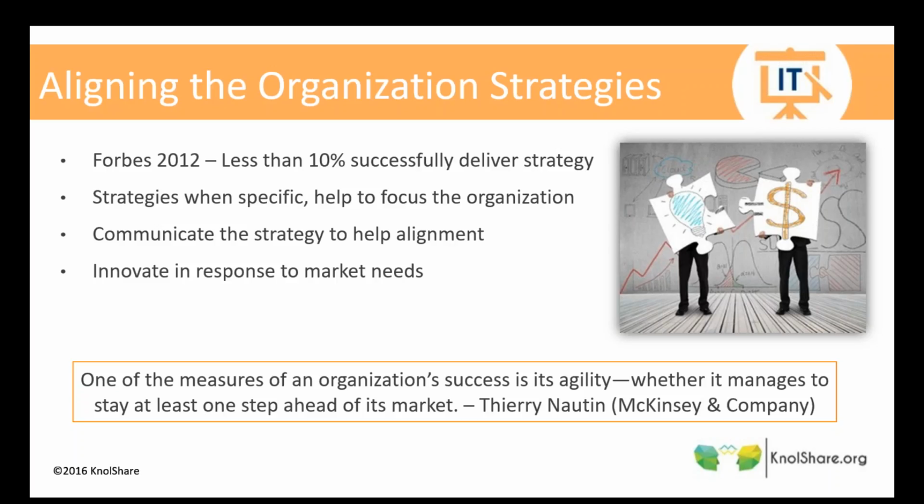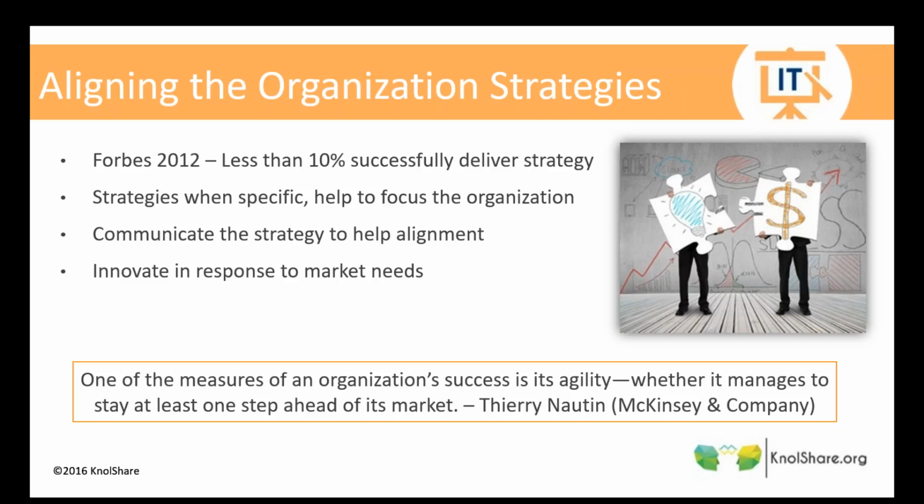Also, in terms of our strategy, it should be in response to the current and future market needs. And so I was looking at additional research, and what we found is that from McKinsey & Company, one of the measures of an organization's success is its agility, whether it manages to stay at least one step ahead of its market.